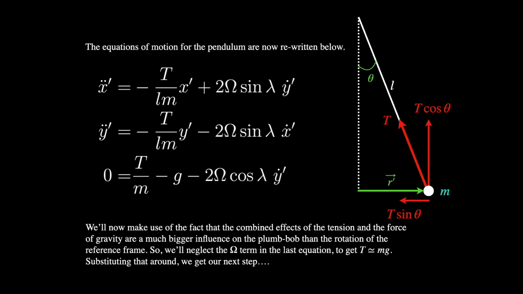X double dot, which is the acceleration in the x direction in the rotating reference frame, is equal to T over Lm, which we had from before, times x tick, plus 2 omega sine lambda. Lambda, of course, is the latitude from which we are measuring it, and omega is the magnitude of the angular speed of the rotation of the Earth.